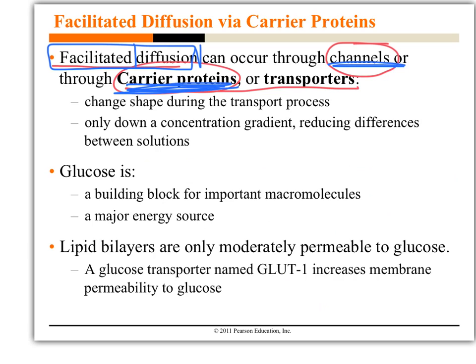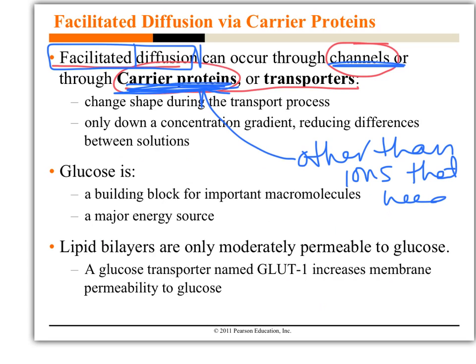Same idea, down a concentration gradient, but in this case, it talks about anything other than ions. So other than ions that need to pass. Okay, so our example would be glucose. Remember, we talked about glucose not being able to pass through just the phospholipid membrane. We used those examples. That was our big guy, our solute that couldn't pass, that caused osmosis to happen.